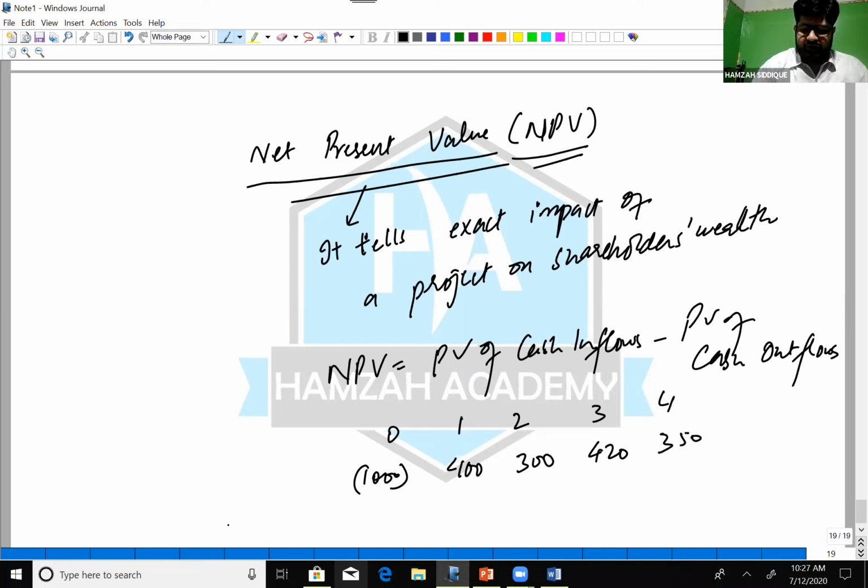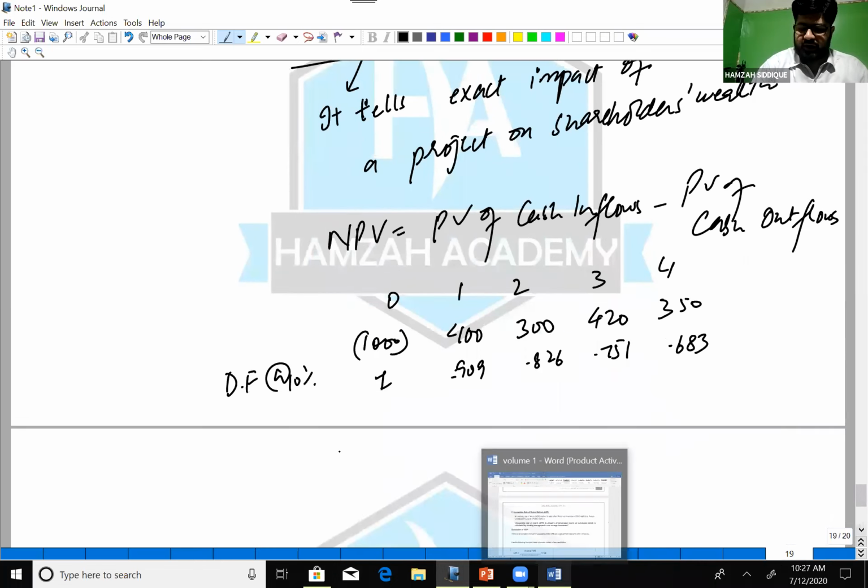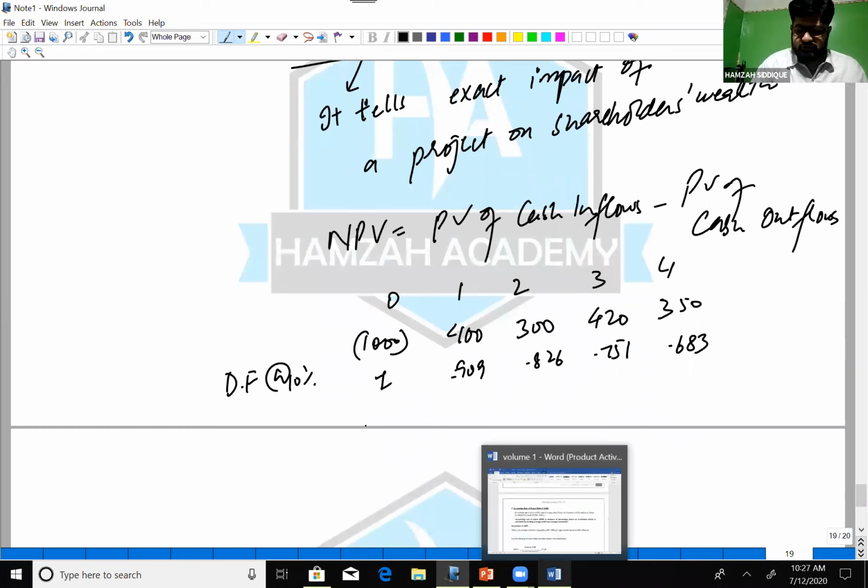Now the discount factor is 10%, so we will apply 0.909, 0.826, 0.751, 0.683. We will calculate its present values and NPV as well. So the 1000 present value is here.